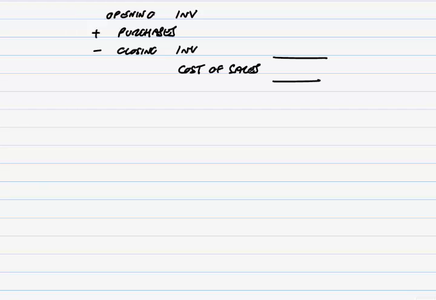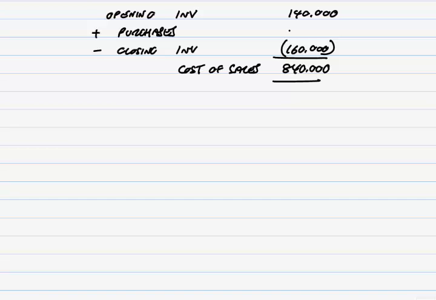Well, here I know what the cost of sales is. It's 840. We know what the opening inventory was. It was 140. We know what the closing inventory was. It was 160. And so, maybe you wrote the figure straight down, but surely it must mean the purchases are the missing figure.